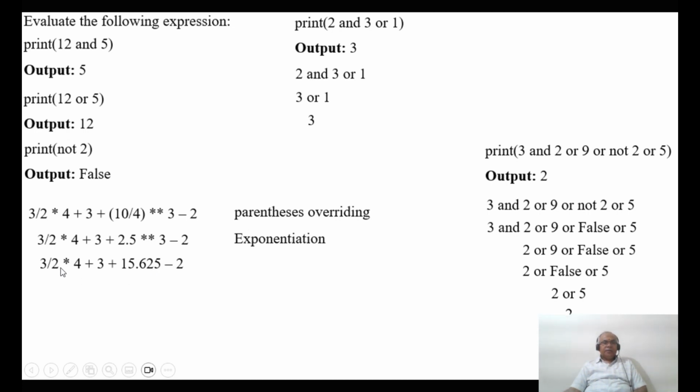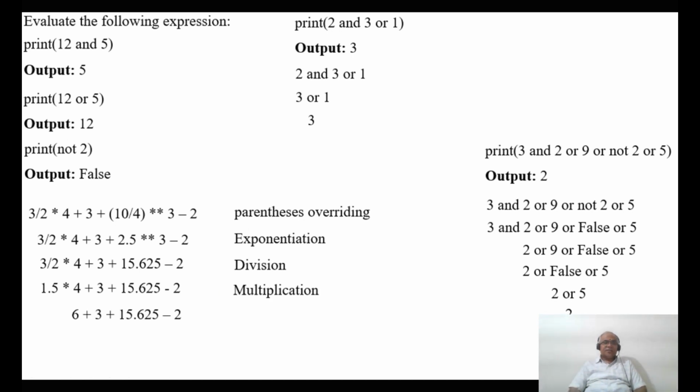So it evaluates 3 / 2 * 4 + 3 + 15.625 - 2. Then multiplication and division have the next precedence, so 3 / 2 is 1.5. So 1.5 * 4 + 3 + 15.625 - 2. Then multiplication gives 6 + 3 + 15.625 - 2.